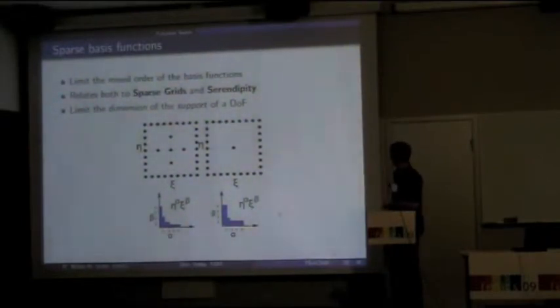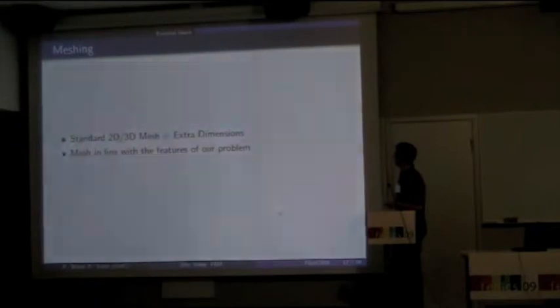So, for instance, this relates sparse grids to serendipity elements, in which you do exactly that. You limit yourself to edge and, say, low order face unknowns in the 2D case.